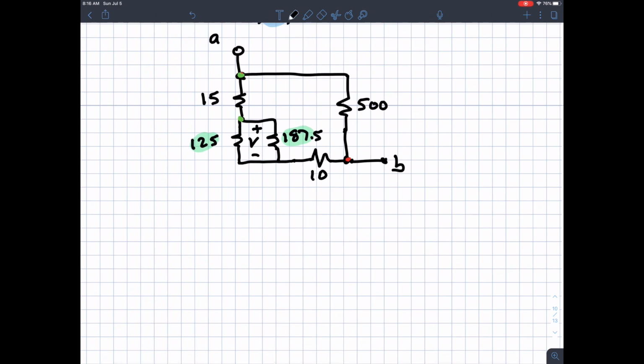So I take my formula and put 125 times 187.5 and divide by the sum. When I do that, I get 75 ohms.